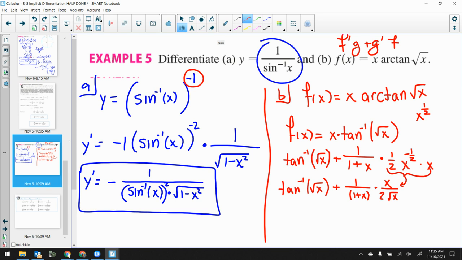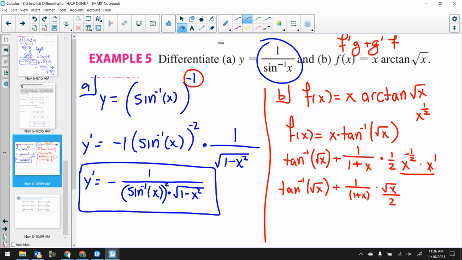You know, that's what I have written down. I think I can make this cleaner. Hold on a second. Hold up. Because, what can I make that? Aren't I multiplying with bases? Can't I just add exponents? So what is x to the negative 1/2 times x to the first? It's the square root of x. X to the positive 1/2.